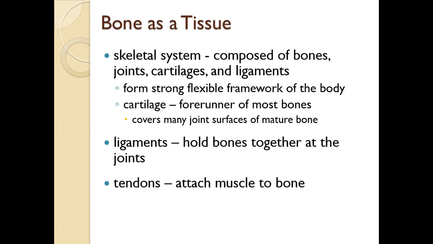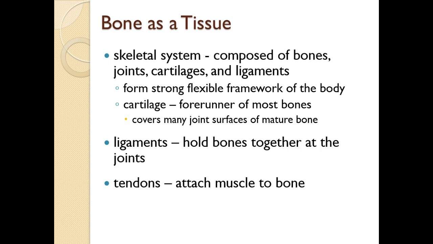Hyaline cartilage, good. So hyaline cartilage has to be converted to bone at some point. So what this means here is cartilage is the forerunner of most bones. It's there before the bones actually occur. And we'll see there's a term for that. Whenever cartilage turns into bone, there is a term for that we'll talk about in just a second.